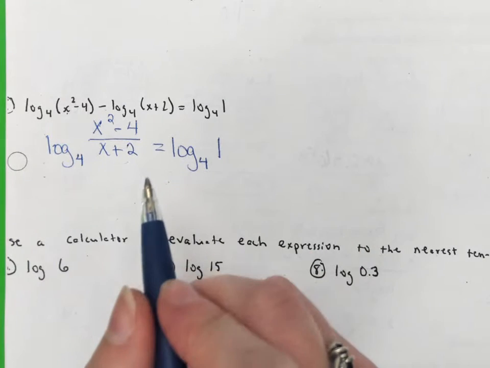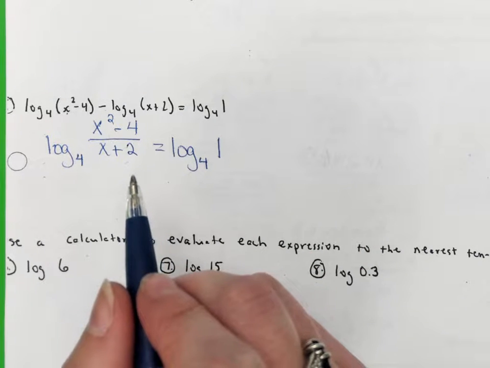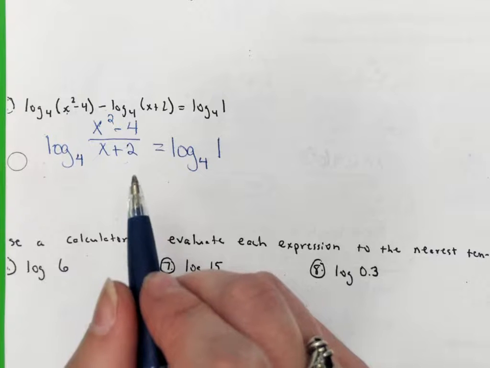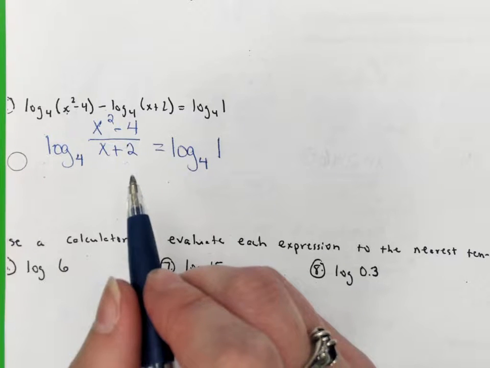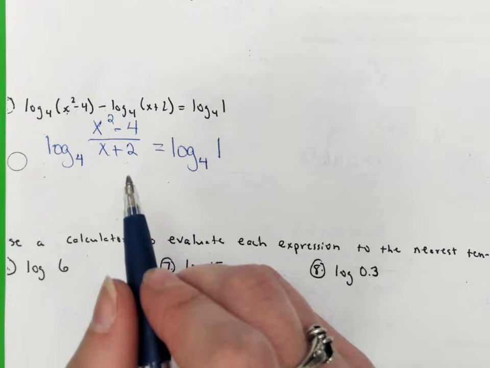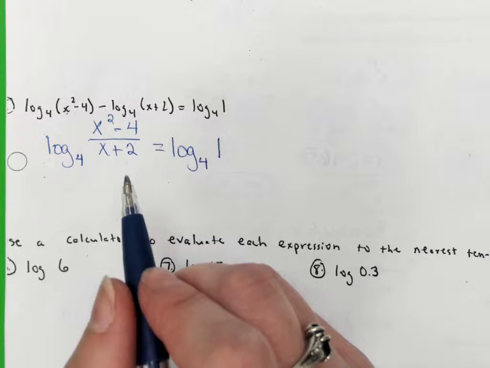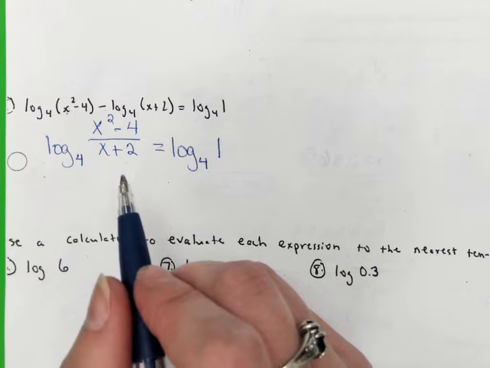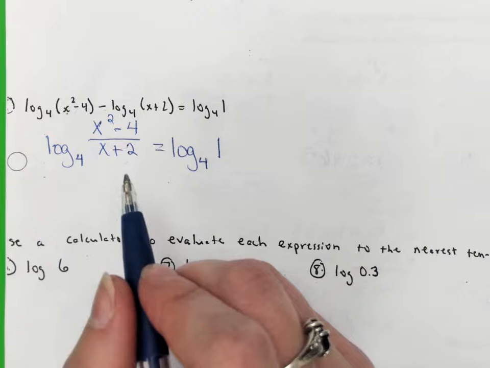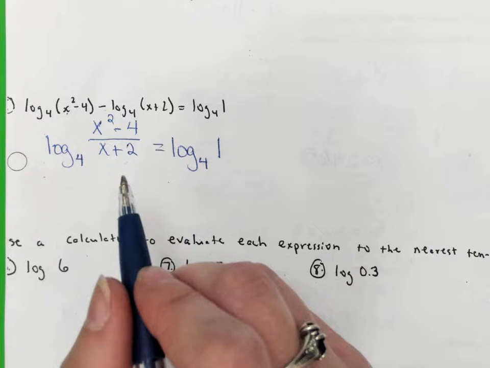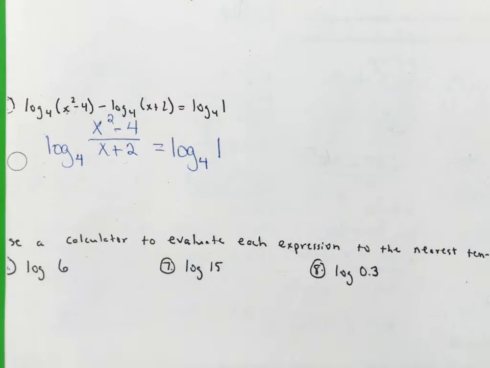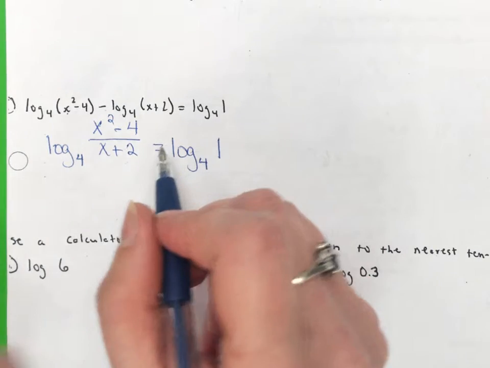Okay, what is x squared minus 4? What can I do with it? Split them up? Yeah. It's perfect squares. Very good. It's the difference of 2 squares, right?